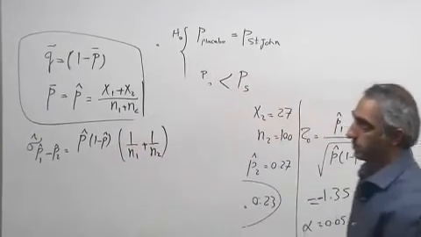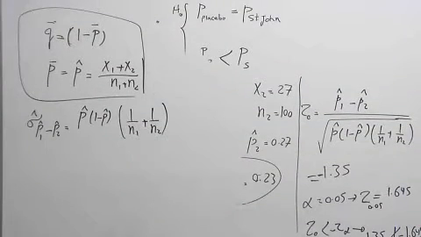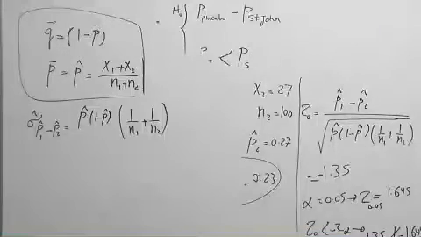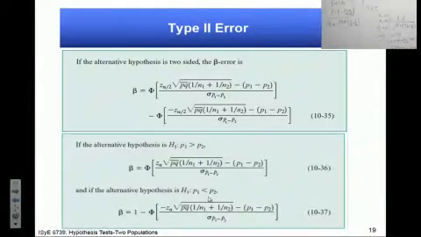So you know alpha, you know n1 and n2, you know p bar and q bar, and then you just plug in and you know the sigma. Plug in everything else here, and then you get the beta. This is for two-sided beta, and this is for one-sided greater than and one-sided less than. Okay? Any questions?